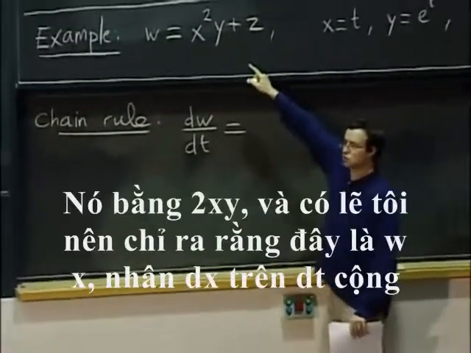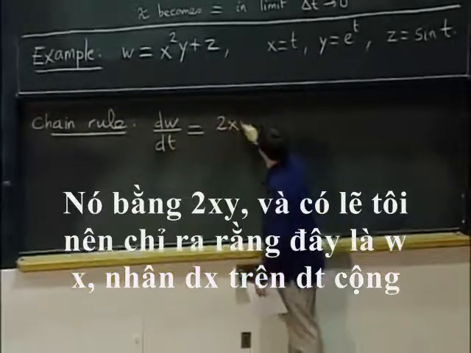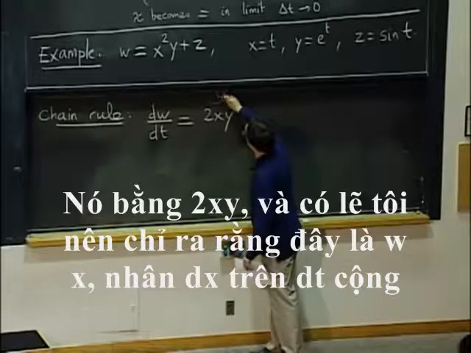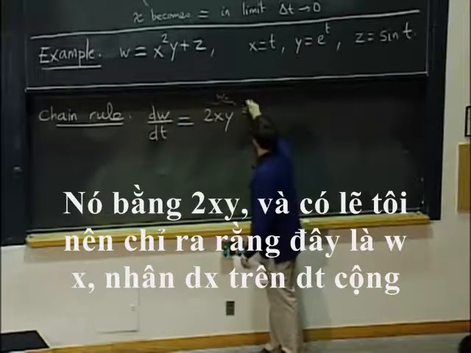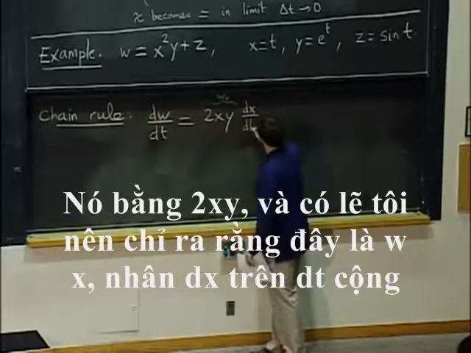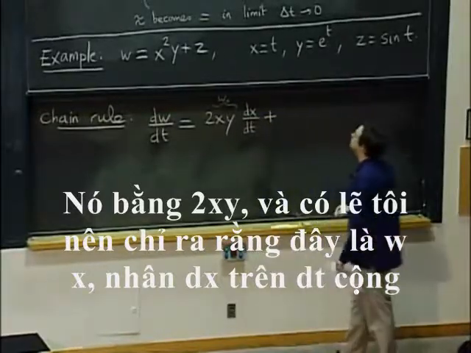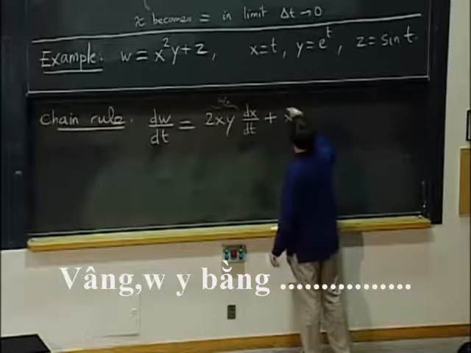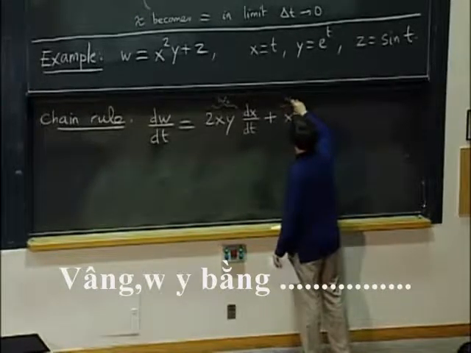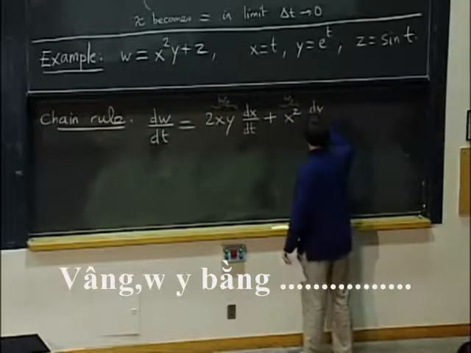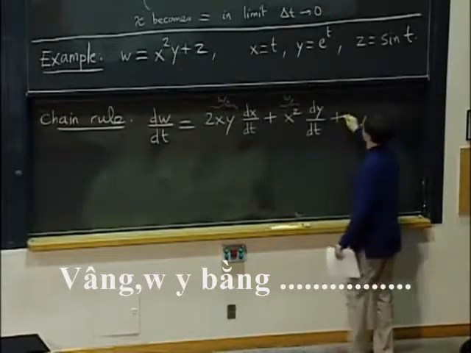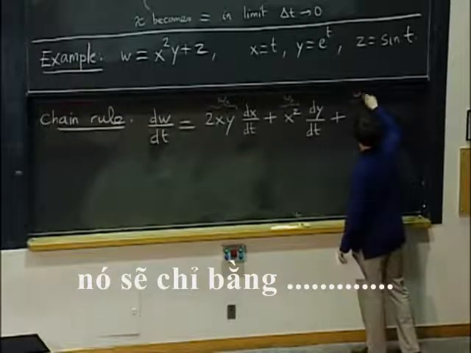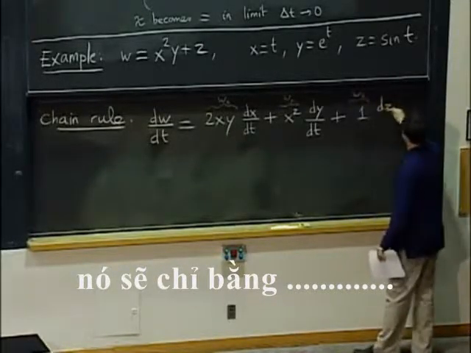That's 2xy, so maybe I should point out this is w sub x, times dx dt plus, well, w sub y is x squared times dy dt plus w sub z, that's going to be just 1 times dz dt.